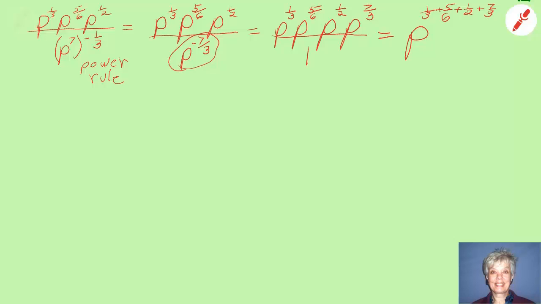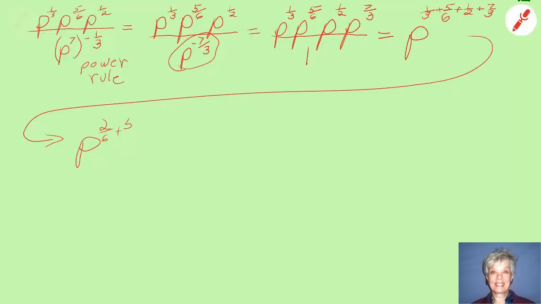Okay, now I'm going to do this by hand, but remember, you can always use your TI calculator to just automatically add these fractions for you. All right, I'm coming down to the next line, and I'll have the base p. Then I'm going to change 1/3 to 2/6. 5/6 is going to stay the way it is, so 2/6 plus 5/6.